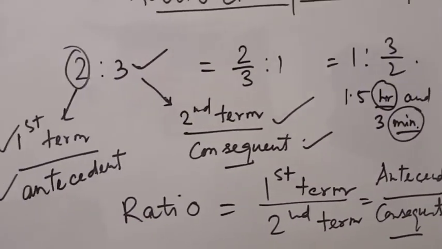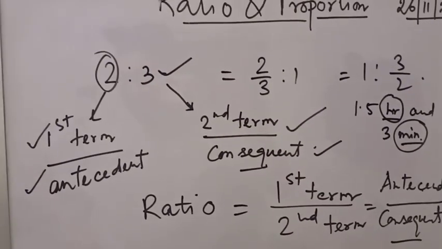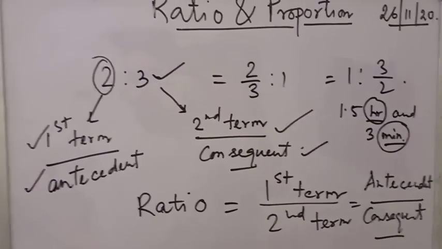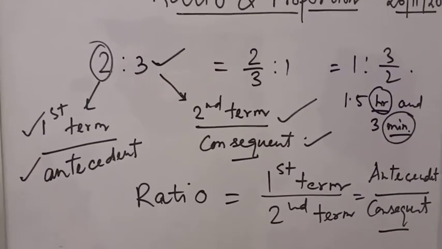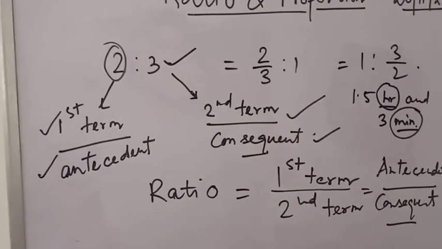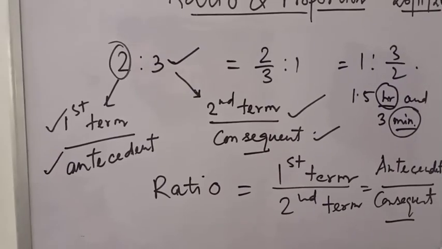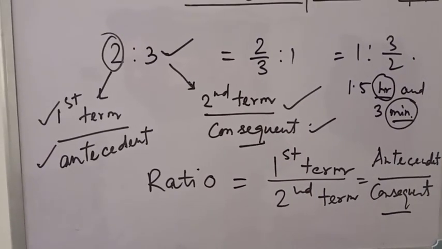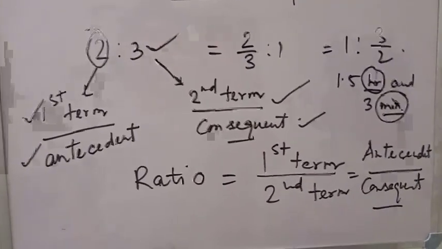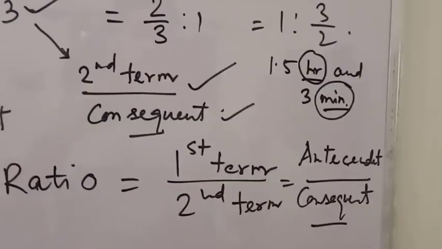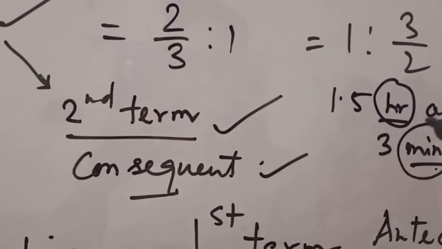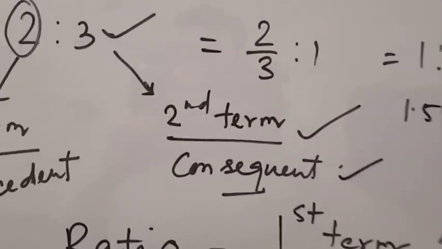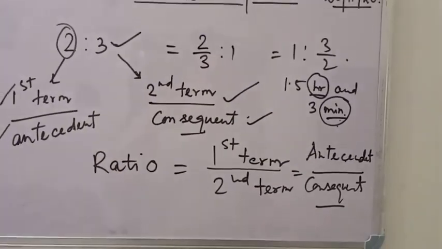Next, the ratio of unlike quantities. For example, the ratio of a man's weight to his height is meaningless. So we cannot find the ratio of unlike quantities. We cannot find the hour and minute ratio. We can find the ratio of hour and hour, minute and minute, kilometer and kilometer, like that.